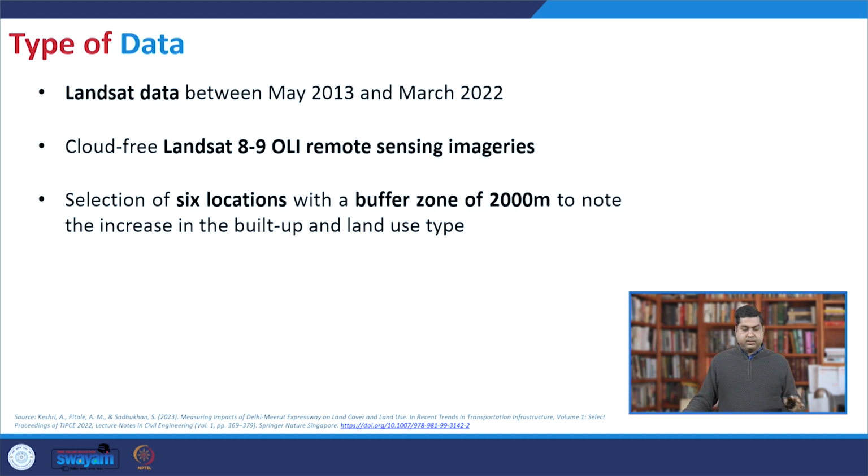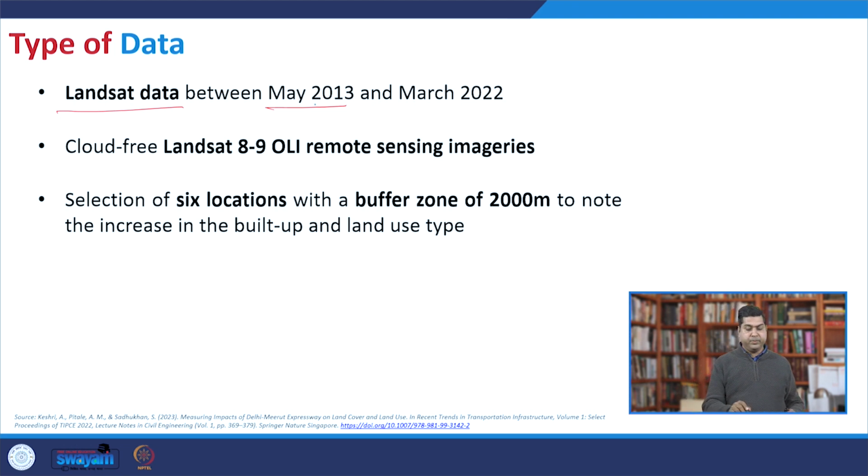Now, regarding the type of data, we discussed it in detail during a presentation dedicated to the type of data. It is secondary data which we collected from Landsat, and the window of data collection, the maps, was from May 2013 to March 2022.